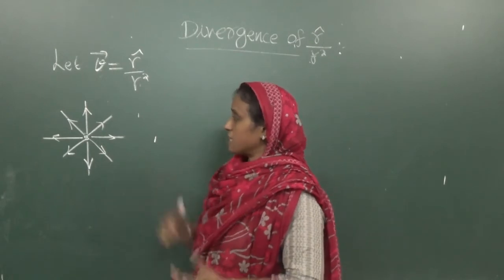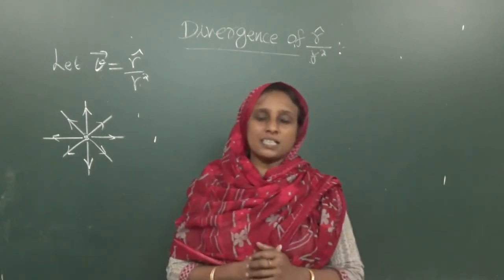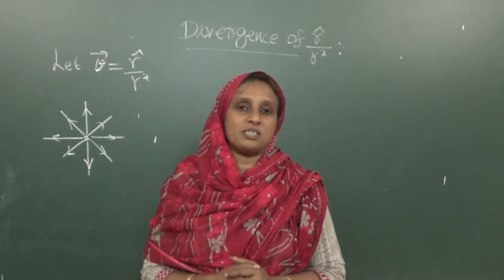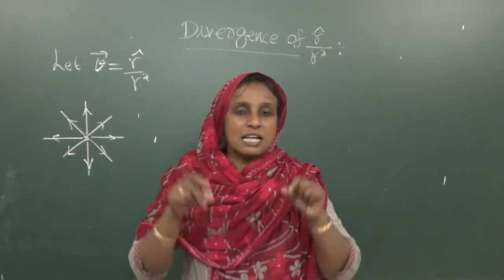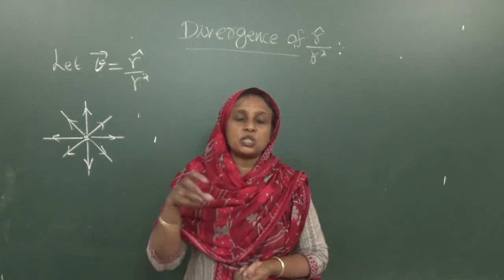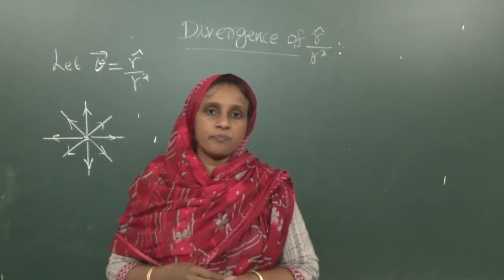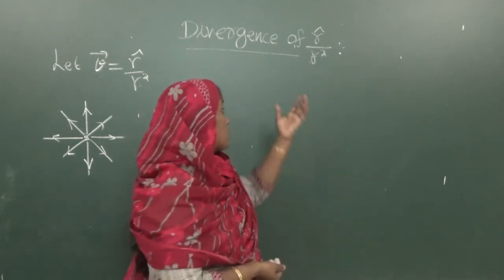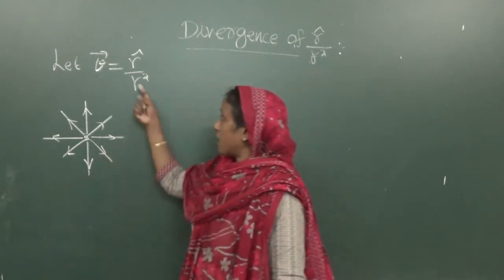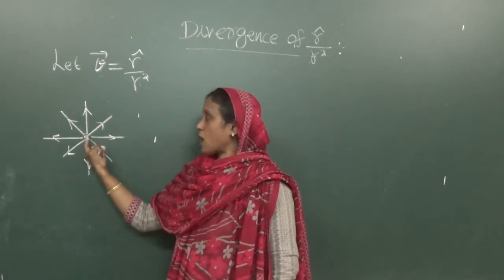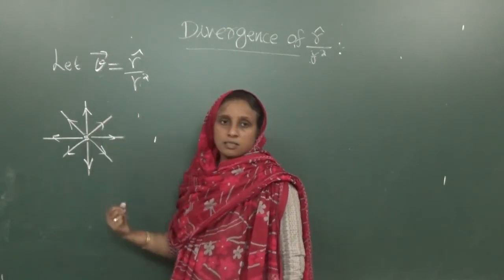From this diagram itself, you get a picture that this function has positive divergence, right? Because divergence is a measure of flowing out from a point. For this function 1 by r square r cap, it is flowing out from this point like this.